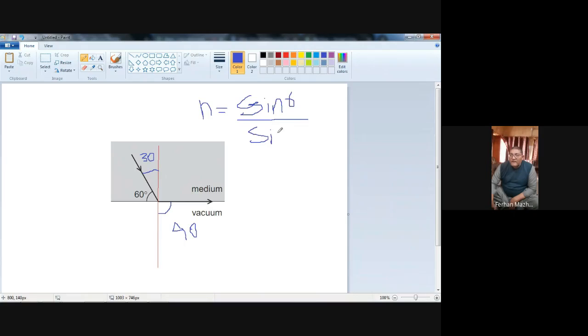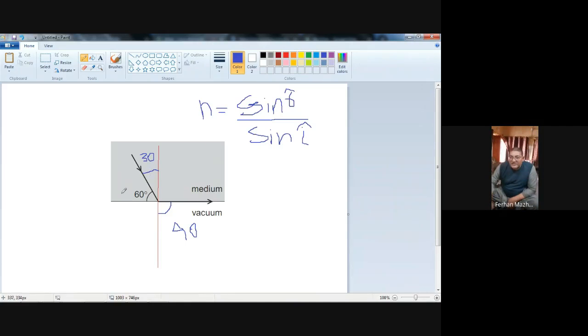It's very difficult to write in Paint with the mouse. This is Snell's law: sine r divided by sine i. So it should be sine 90 divided by sine 30.